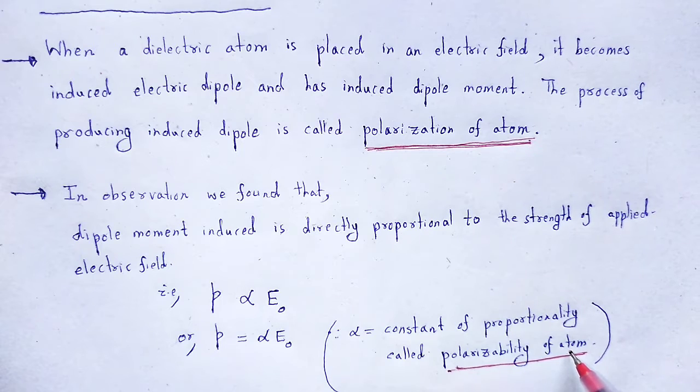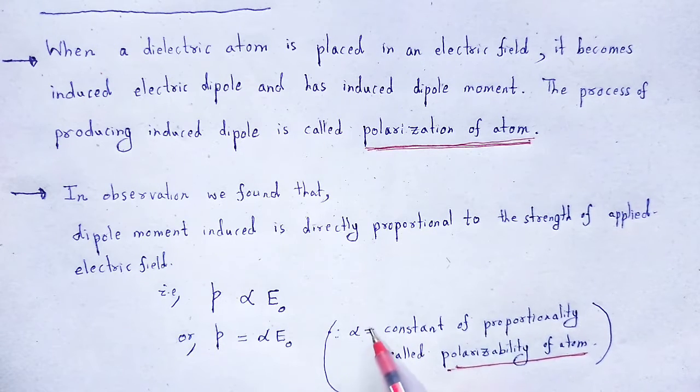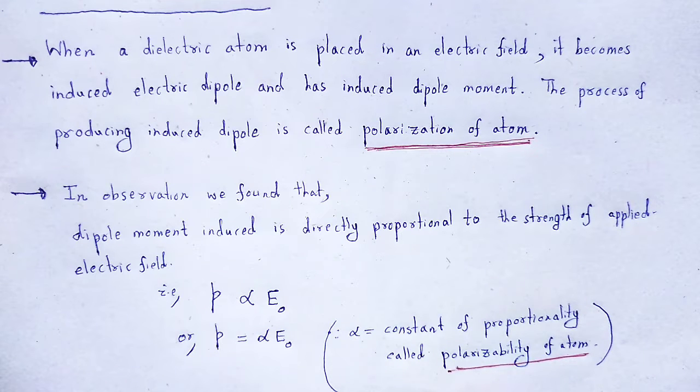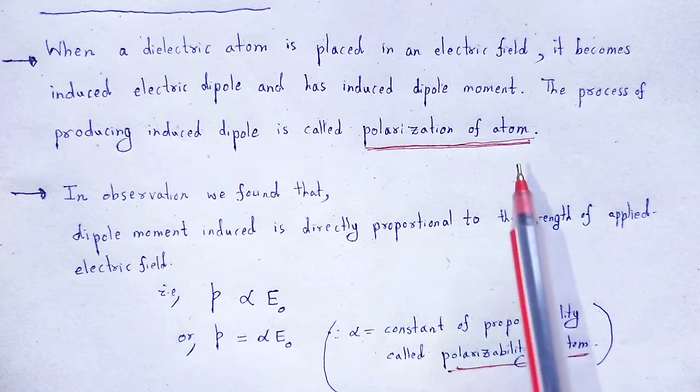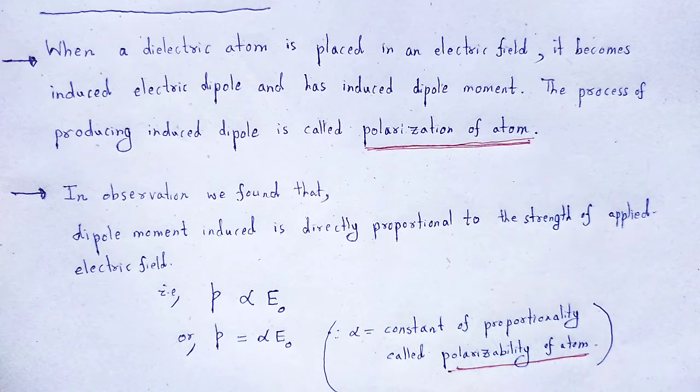Polarizability of an atom is denoted by the letter alpha, and it describes the process of polarization when the atom is placed in an external electric field.